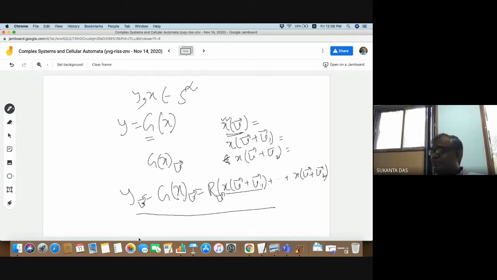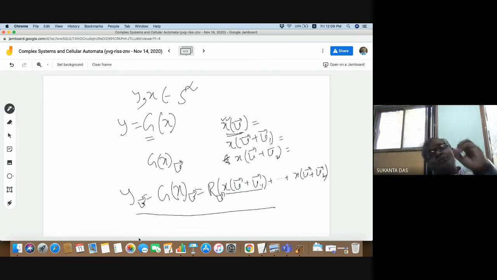So when x is given a configuration, from that x, what I know actually, I know the state of all cells.